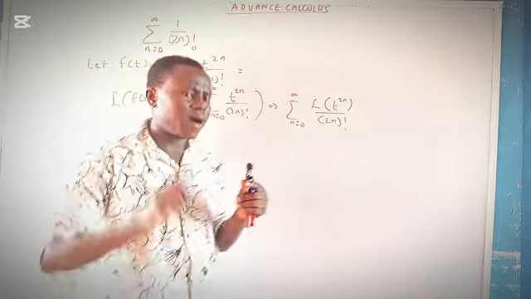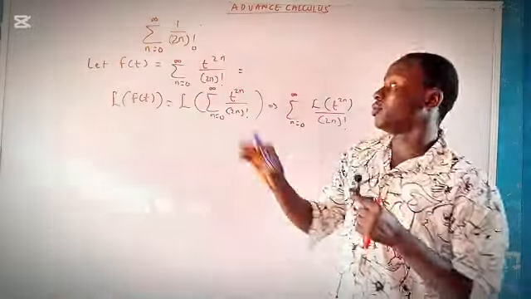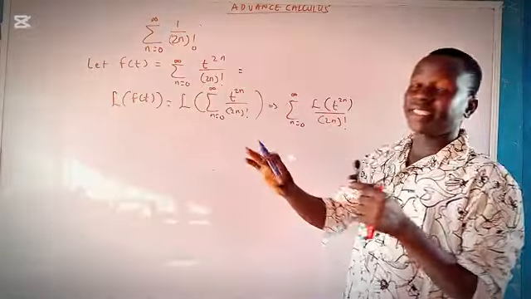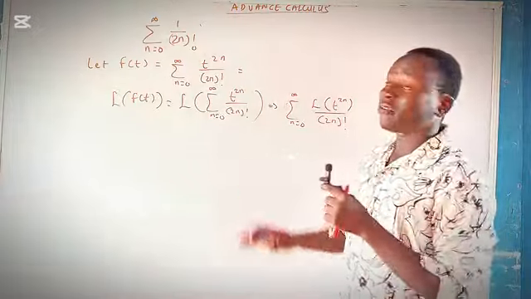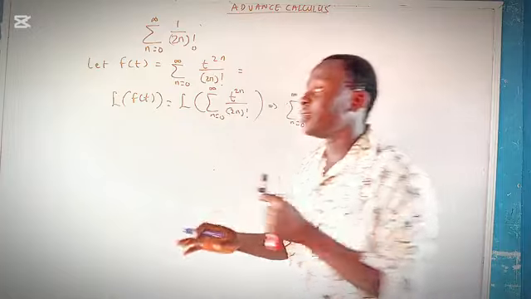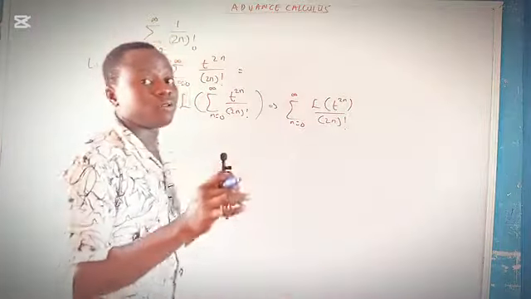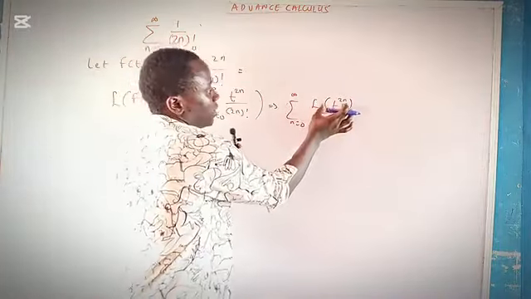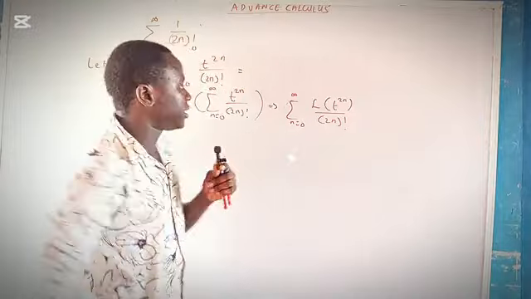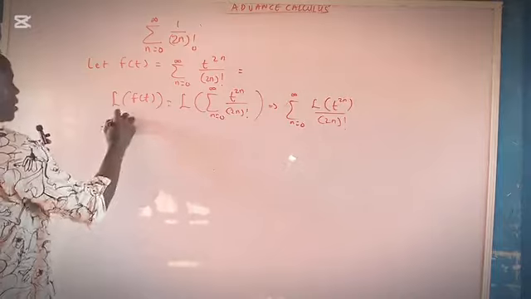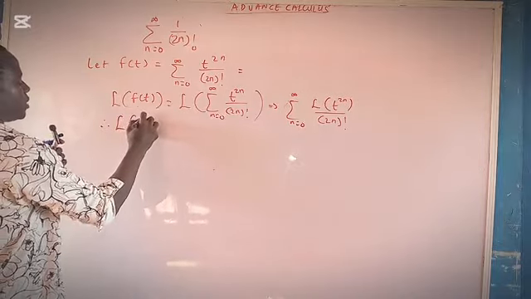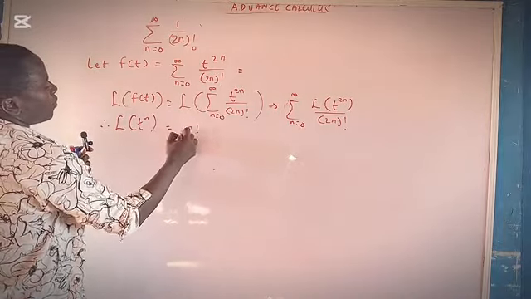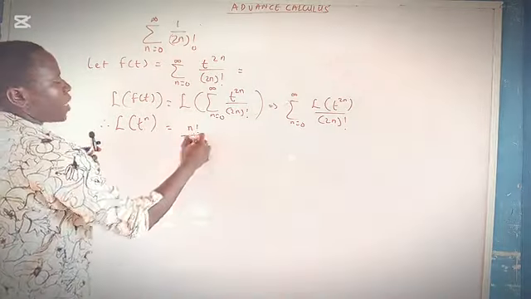That's cool. Now remember from your basic theorems of Laplace transform, for finding the Laplace transform of functions in this form, that Laplace of t raised to the power of n is equal to n factorial over s raised to the power of n plus 1.